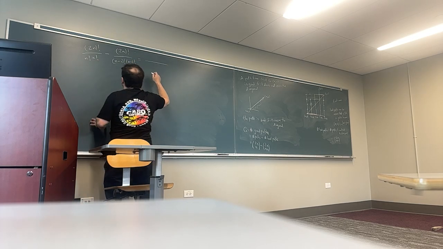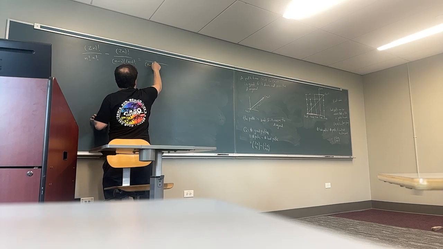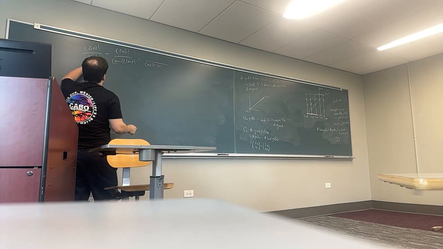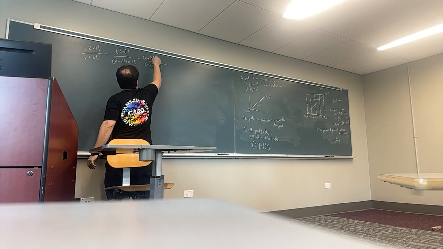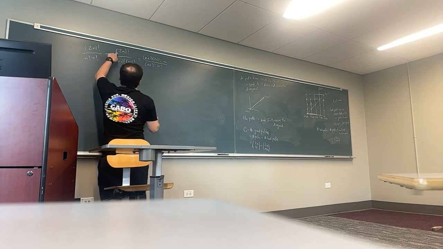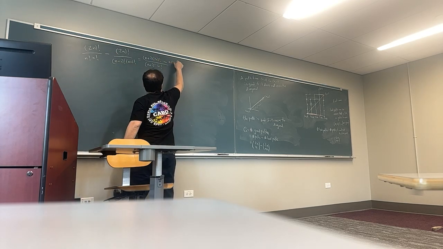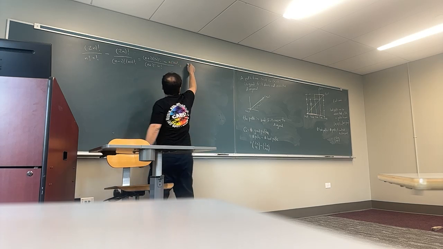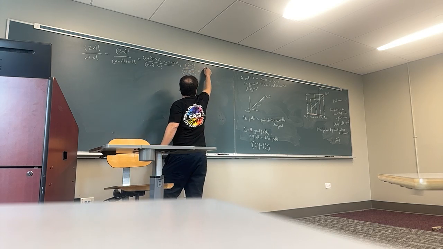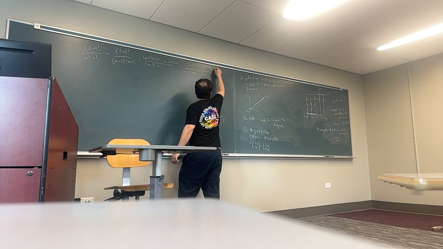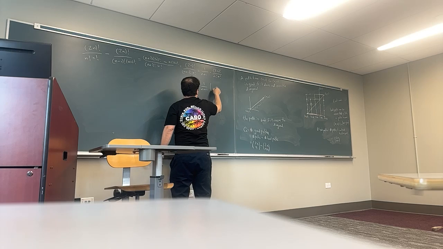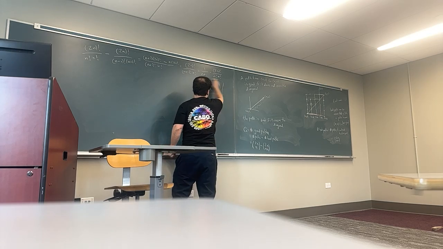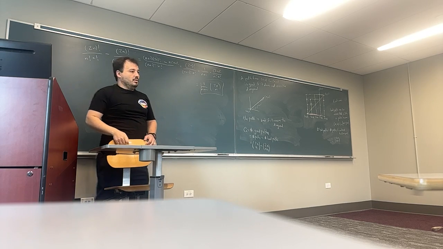So we can take common denominator n plus 1 factorial times n factorial, and here you multiply the top by n plus 1, and here you multiply by n, so you get 2n factorial divided by n plus 1 factorial times n factorial. That's 1 over n plus 1 times 2n factorial divided by n factorial times n factorial. That's 1 over n plus 1 times 2n choose n, which is what we wanted to prove.